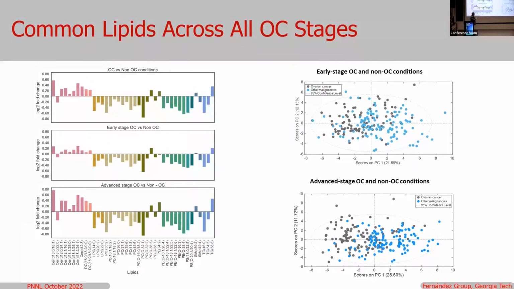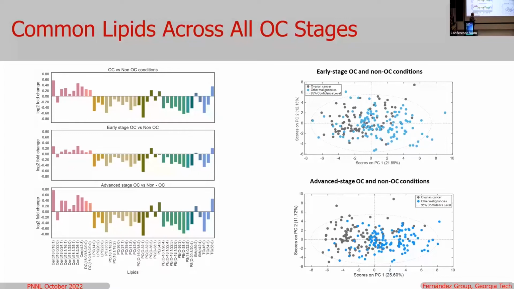So what you're looking at here is a simple PCA score plot. The gray are the ovarian cancer patients. The other ones are other malignancies. And you see that there's not a very good separation, as you would expect in an unsupervised PCA analysis, because this is a relatively minor effect size.